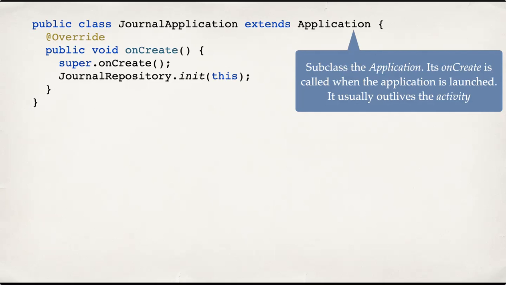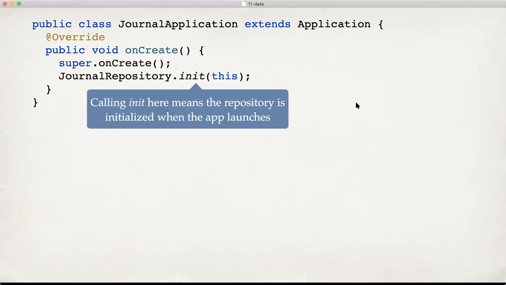Of course, applications can crash, and in that case, you'll again create the repository if and when the onCreate is called. That is when it's launched again. So that's what is happening here. We are calling the init method here, and creating the repository, or rather initializing the repository just at this one time. So we won't be calling init from an activity or a view model or any other place.